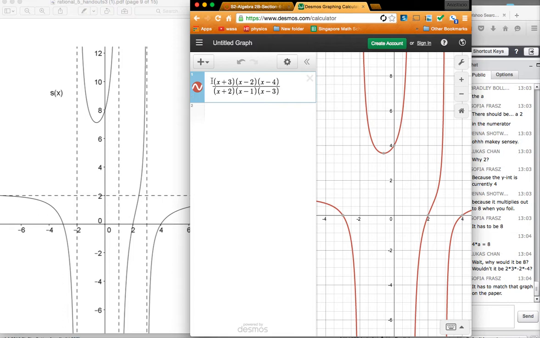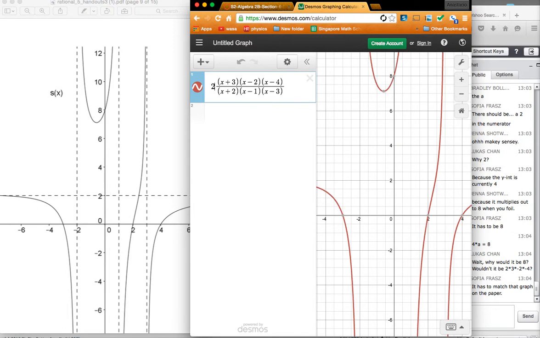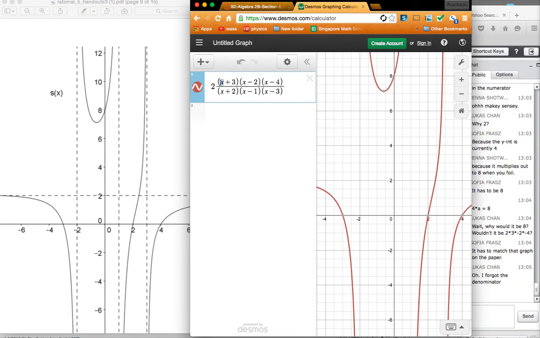That's your current y-intercept. Your new y-intercept you want to be 8. So you put a 2 out in front, and then you plug in x equals 0 again, and then 2 times 3 times -2 times -4 divided by 2 divided by -3 divided by -1 gives you 8.